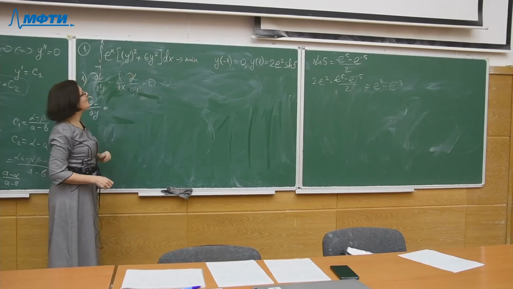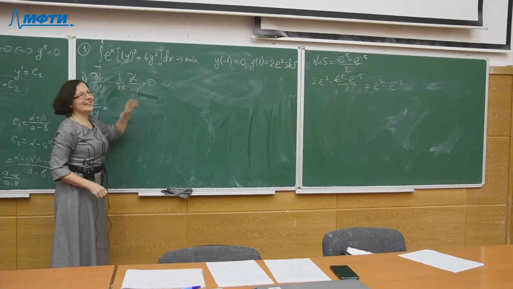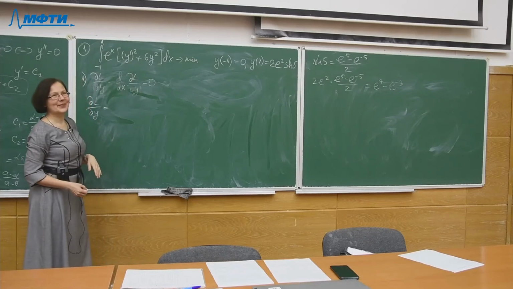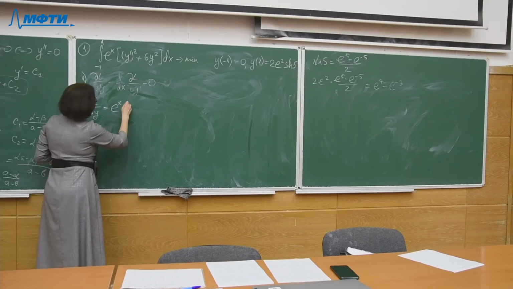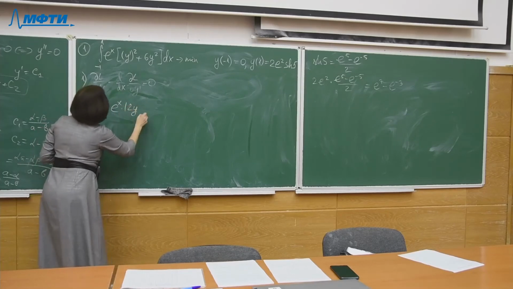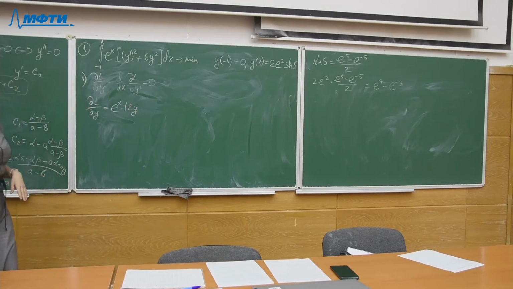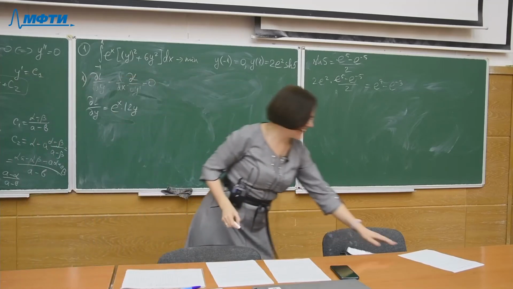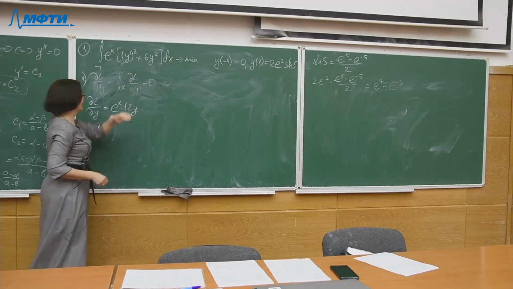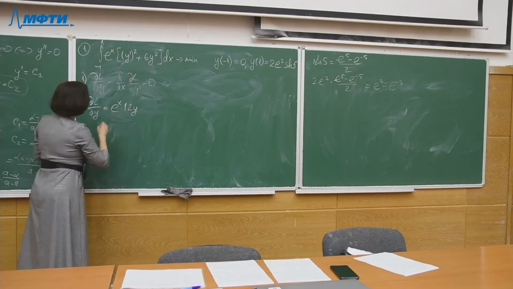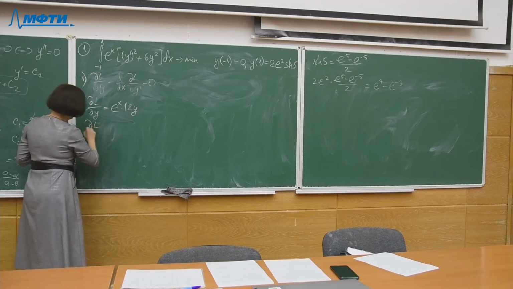Not 0, because this function depends on y, so it gives 12y. Yes. And next, I will check the function. Right, next, dL over dy prime.